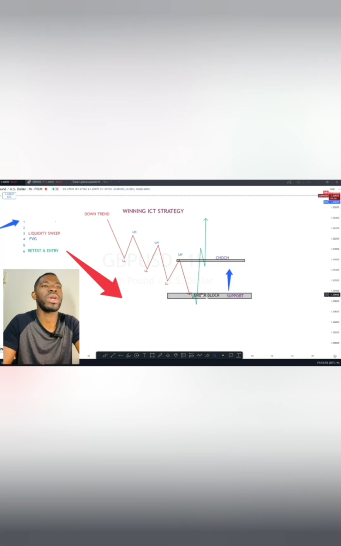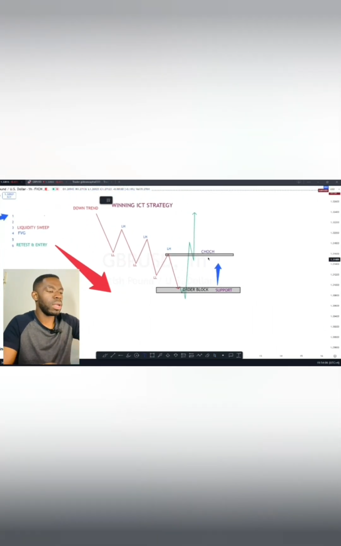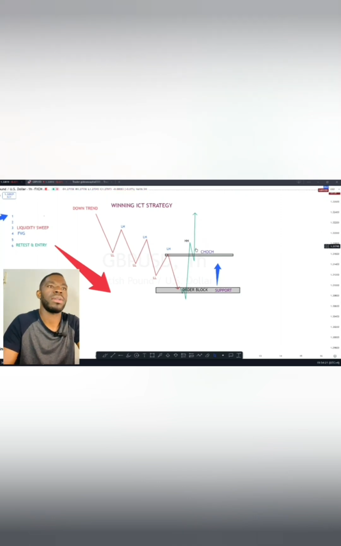So the character has changed to an uptrend. Why? Because this lower high has been taken out. Now there's a new high. Guys, there's a new high over here. Let's call it a higher high. So this is the lower high, and the new high has been created. It took out this lower high, meaning that the price looks to go higher.